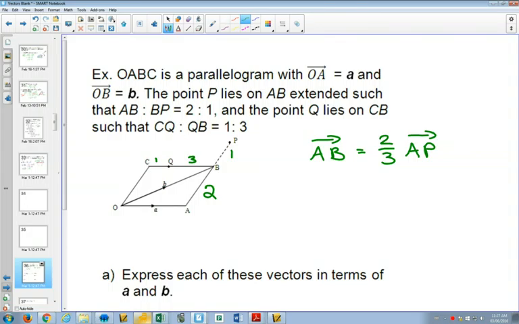So even though the ratio there is given as a 2 to 1, when we look at how does that work with fractions, that gives us a fraction of 2/3. And the same thing, going from C to Q is 1/4 of the way from C to B.